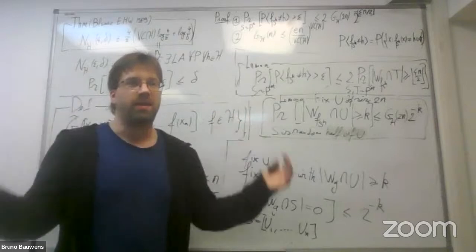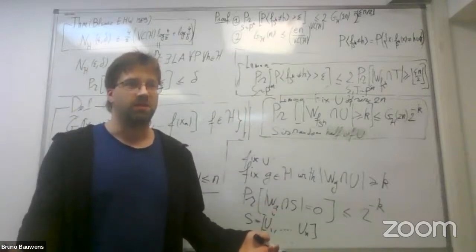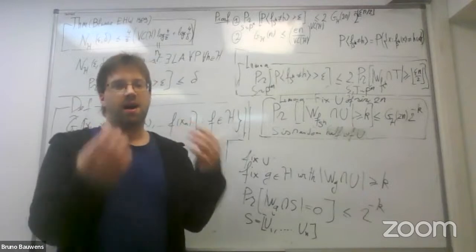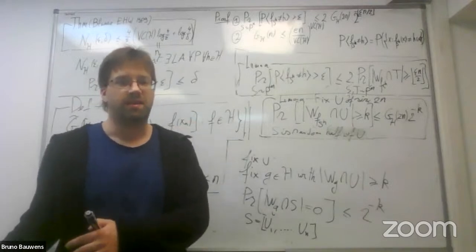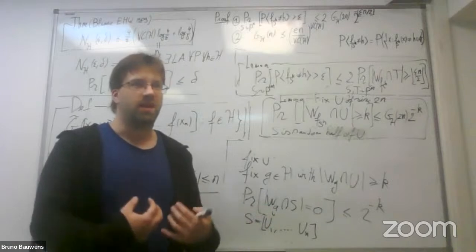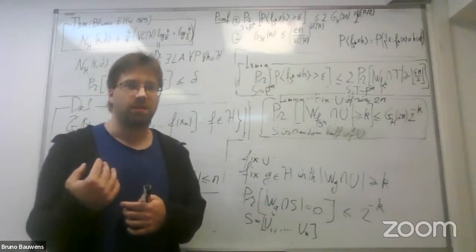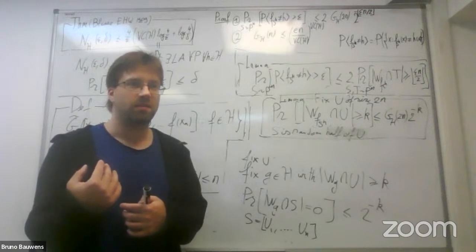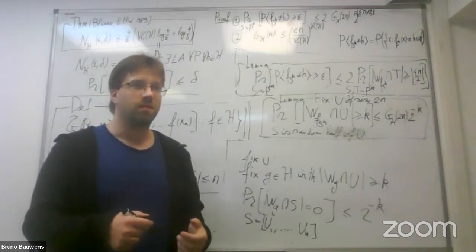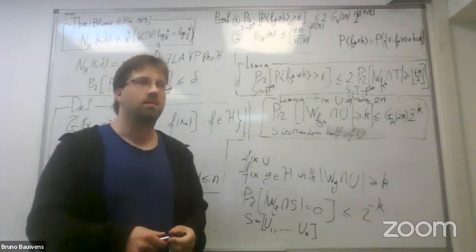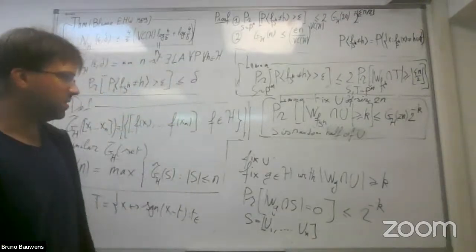Remember, there was a bag with an even number of elements, of which some number K are marked. Take half of the bag, the probability that non-marked elements are taken is at most 2 to the minus K. It's precisely the same thing here.